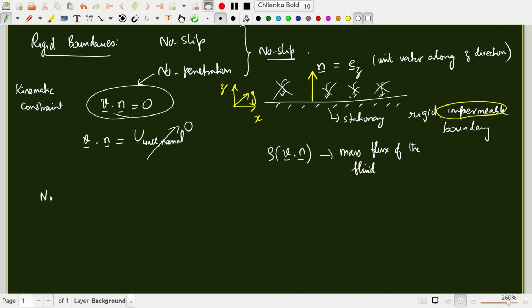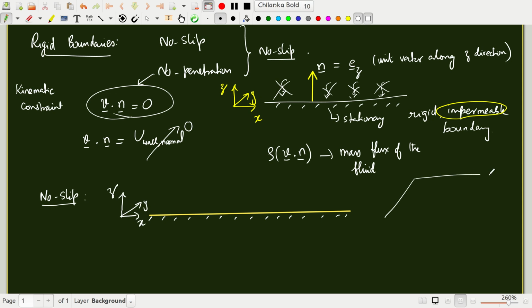Now let's come to the tangential or no-slip boundary condition. Let's again draw a rigid flat boundary, and call the axes x, y, z. Of course, this is a plane, so you have to imagine that this is x, this is y, and perpendicular to the xy plane is z, and this is the rigid surface.